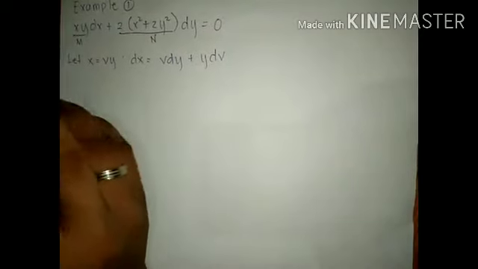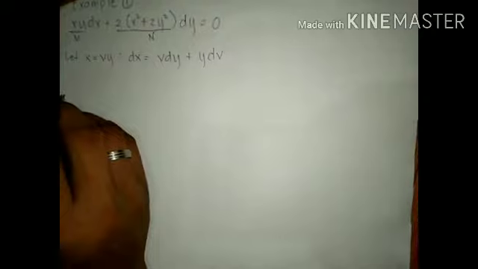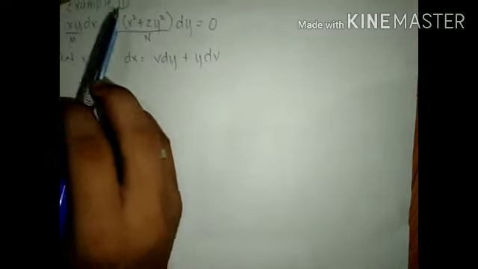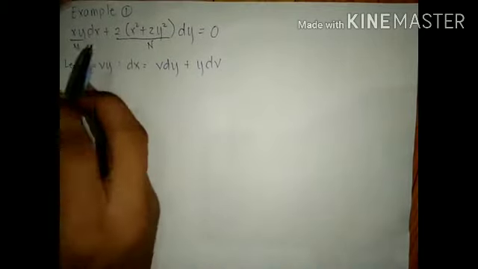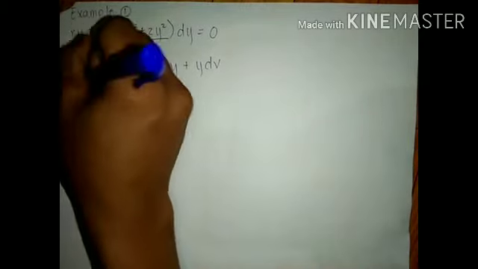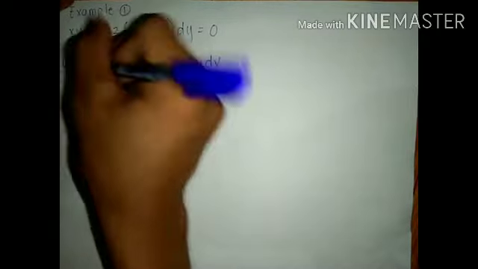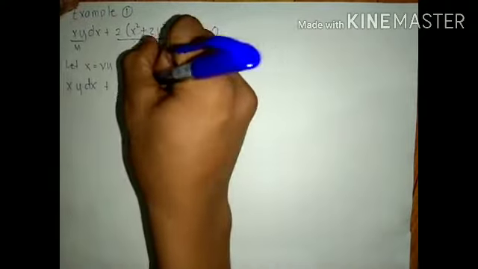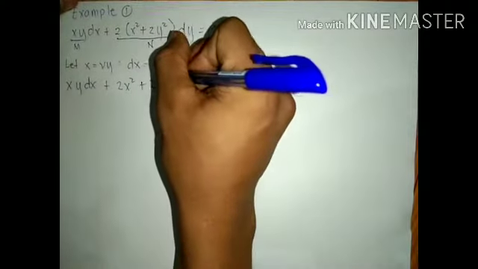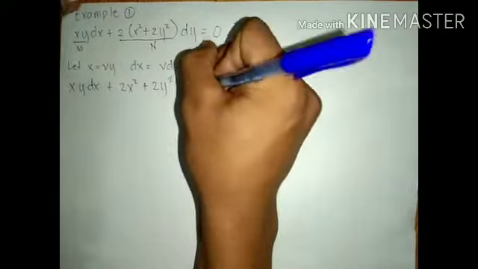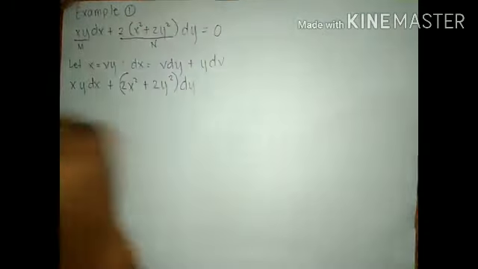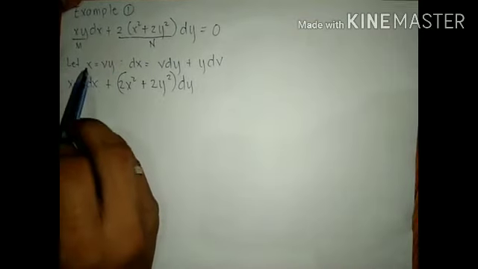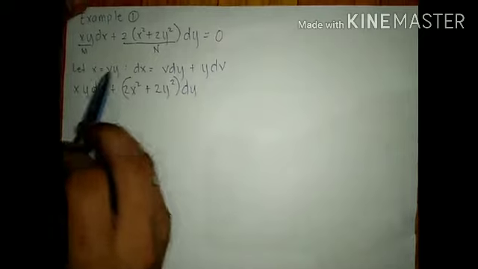Then we can combine this first. So xy dx plus 2x squared plus 2y squared dy. Then we substitute the values of x and dx.